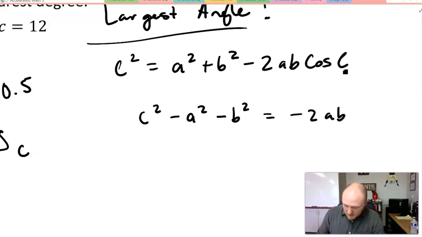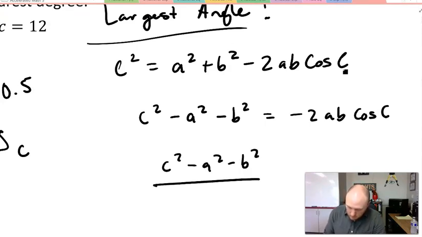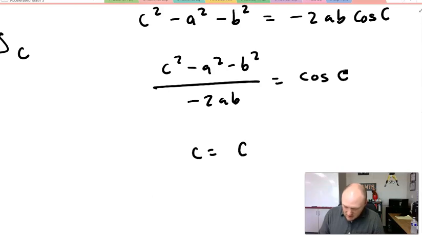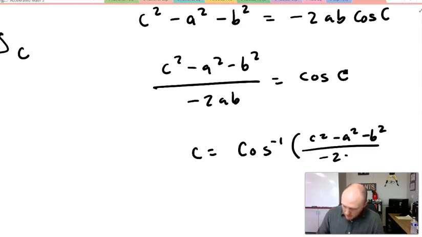That gives us this. Then I'm going to divide everything by negative 2AB, and take the inverse cosine of C squared minus A squared minus B squared all over negative 2AB.